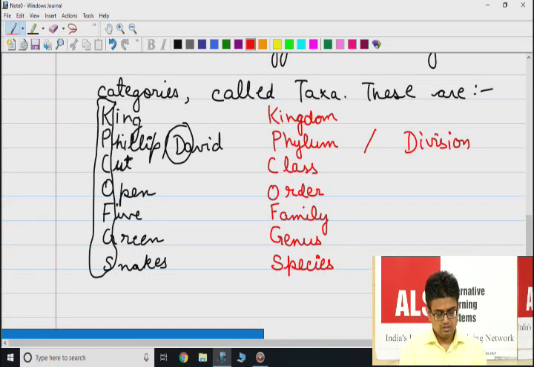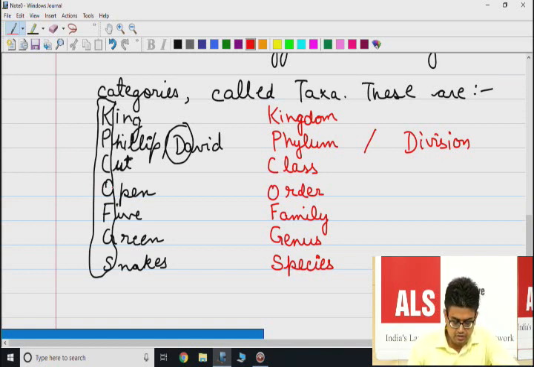Okay. Now, the first part of trying to identify an organism is called nomenclature and identification.